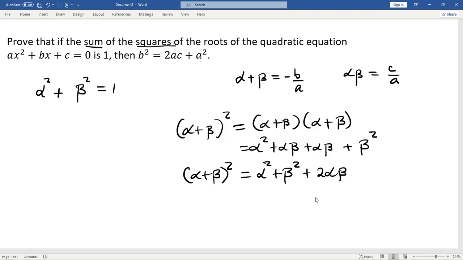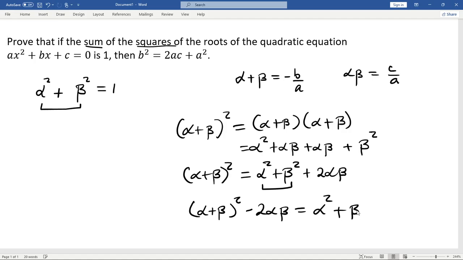Then what we do here, we know that in this expression we have alpha squared plus beta squared. So I mean that on this side we make alpha squared plus beta squared the subject. So how do we do that? We push this to the other side of the equal sign, and we're going to have alpha plus beta squared minus 2 alpha beta is equal to alpha squared plus beta squared.